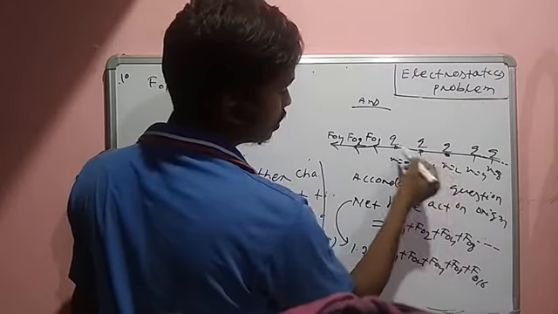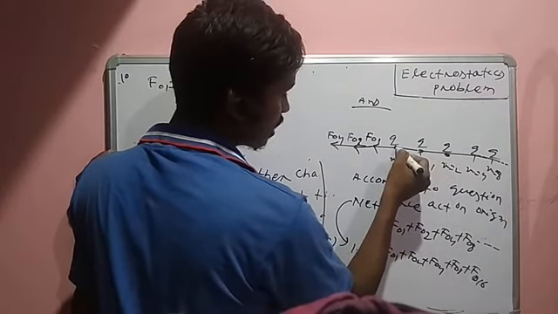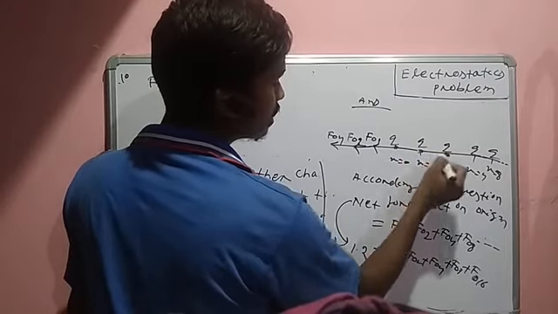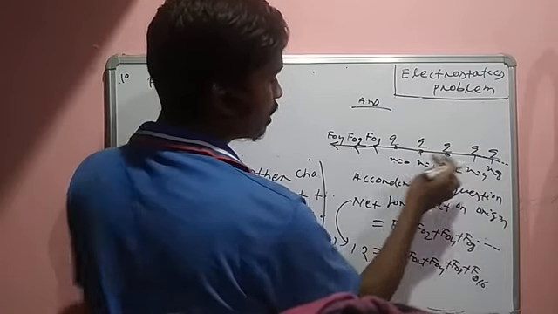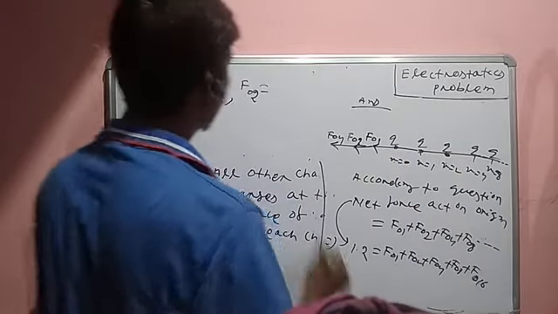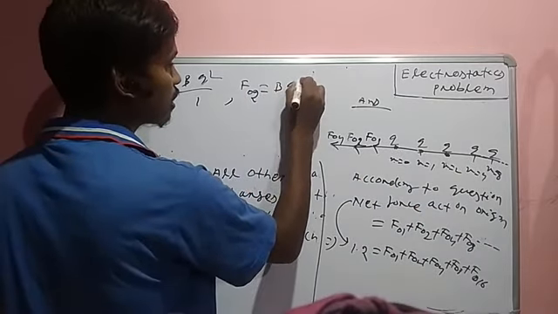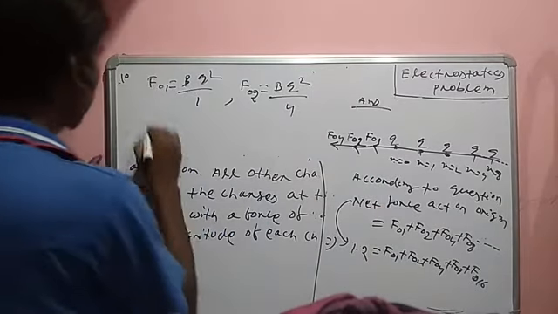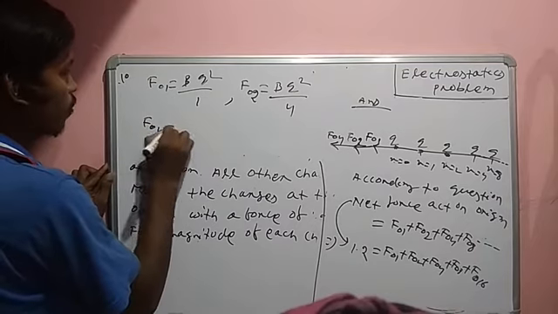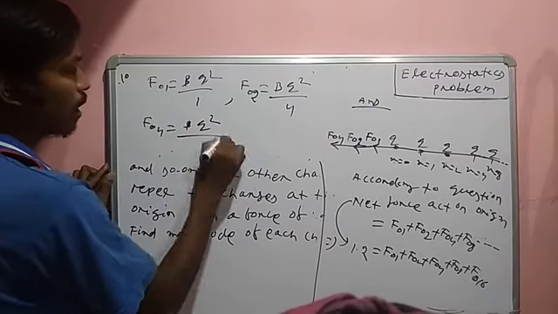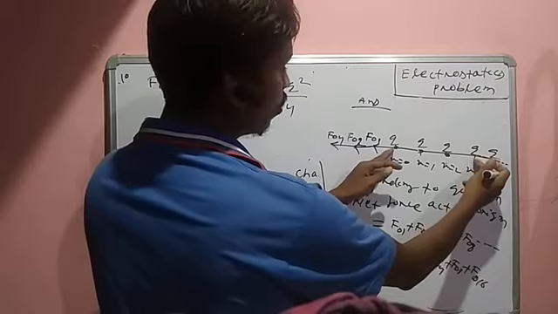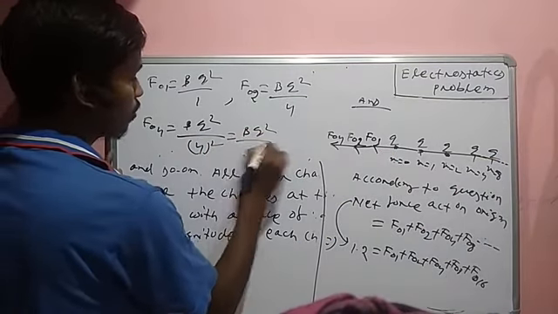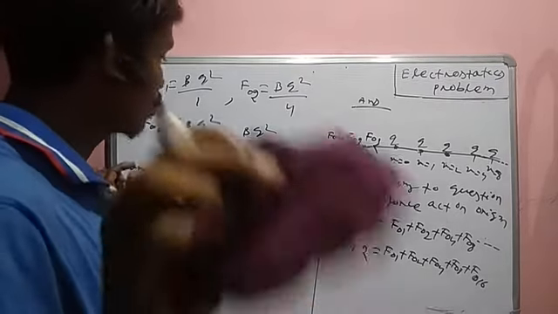F02 means the force acting on this charge due to this charge. The distance between the two charges, x = 0 and x = 2, is 2. So k q squared by 2 squared, 4. Similarly F04 is k q squared by 4 squared, equal to k q squared by 16. Yes or no?